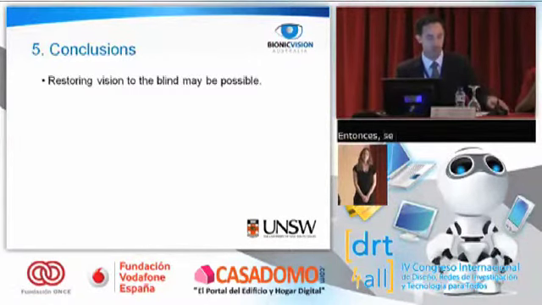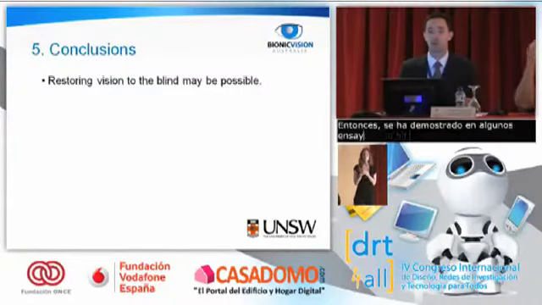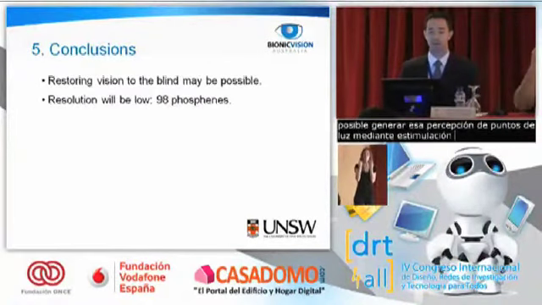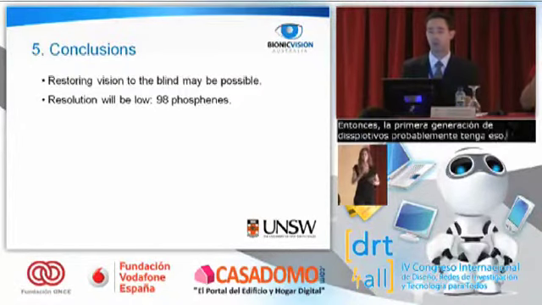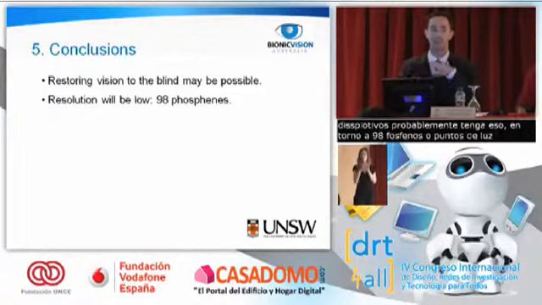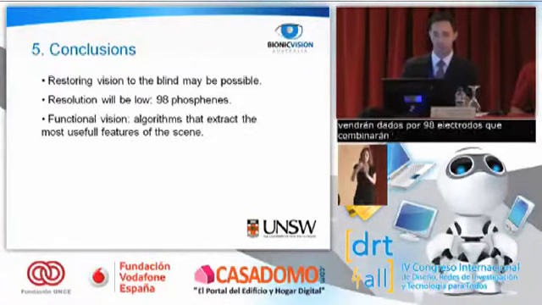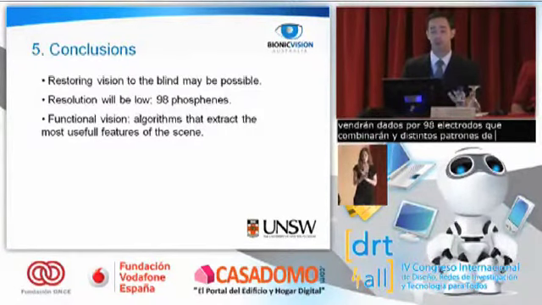So it has been demonstrated in some studies, not many, that it is possible to identify spots of light through electrical stimulation. So the first studies will combine 98 electrodes or phosphenes.